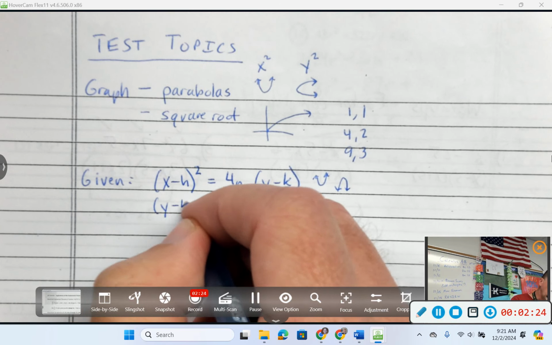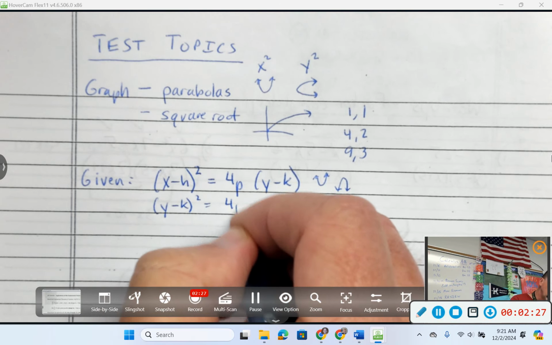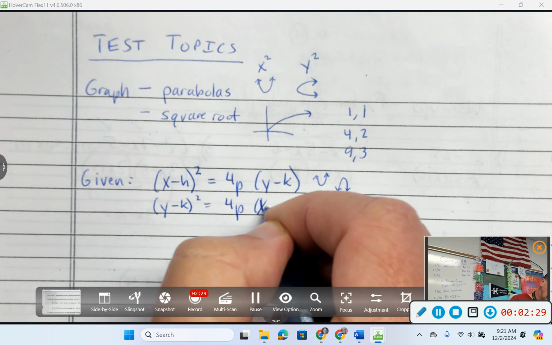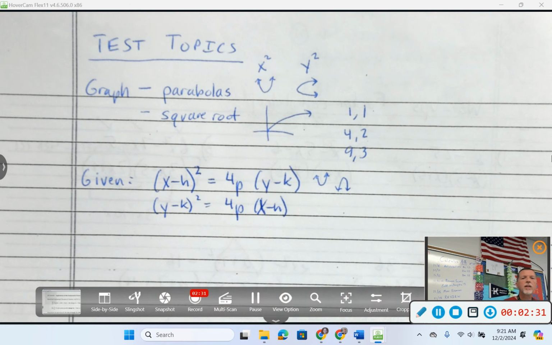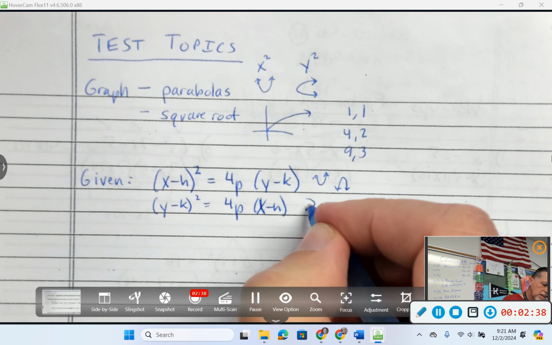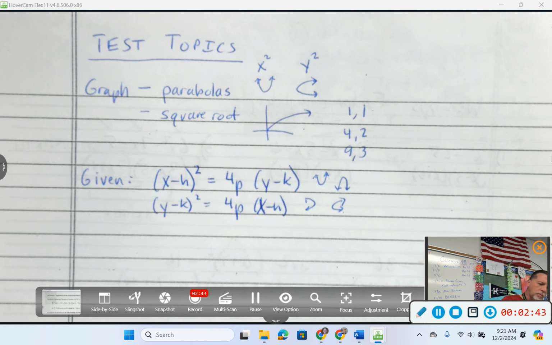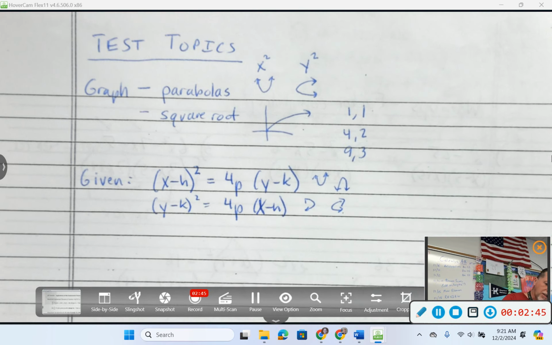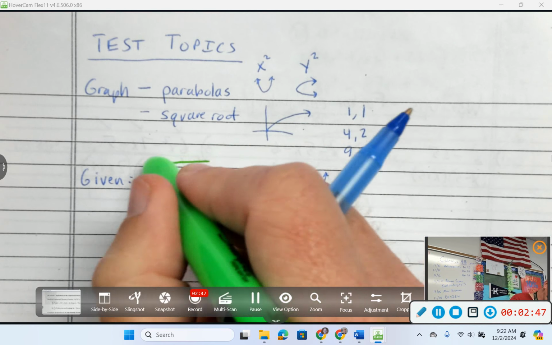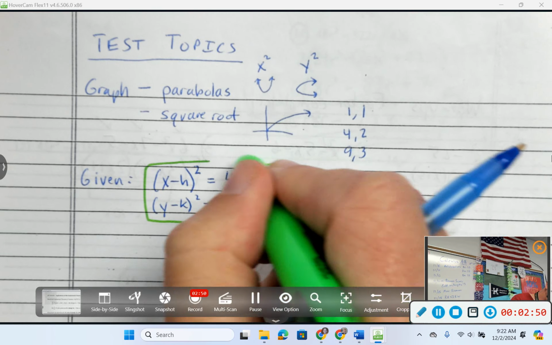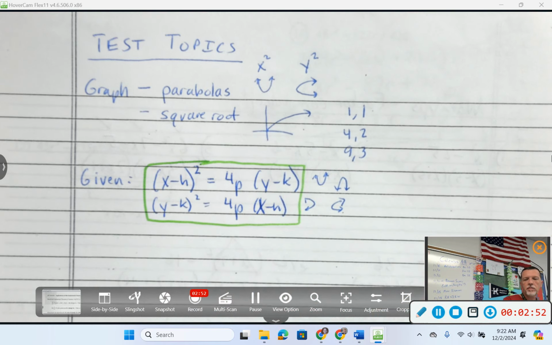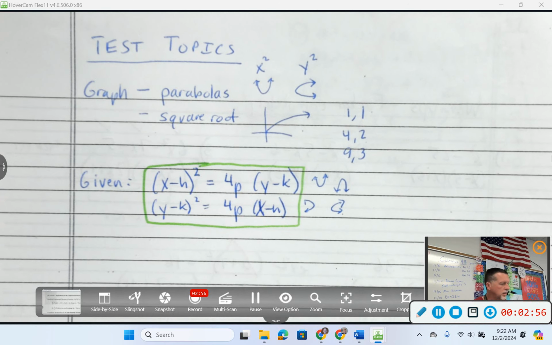And the other one would be y minus k squared equals 4p x minus h. The y is squared, so that makes it the weird ones, the left to right parabolas. Oh, I guess this should be clear. What's given is not the pictures with it, just the equations. And we'll assume you can figure out which one's left, right, and up, down.